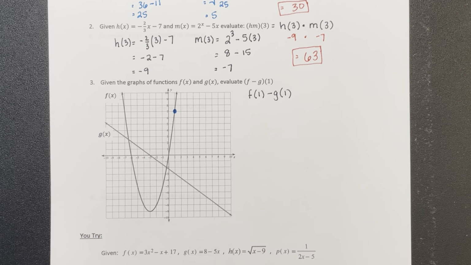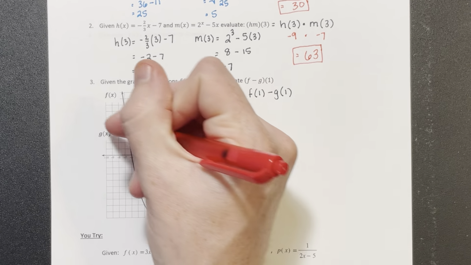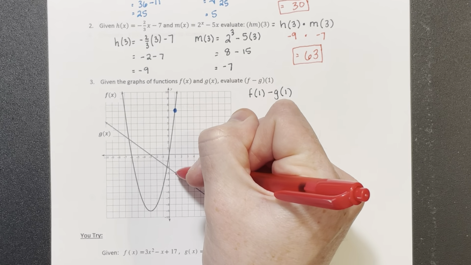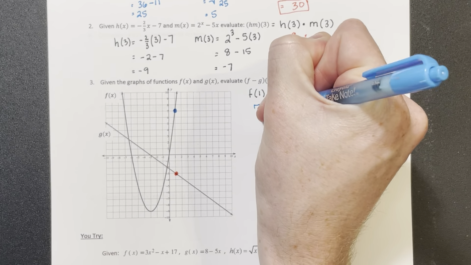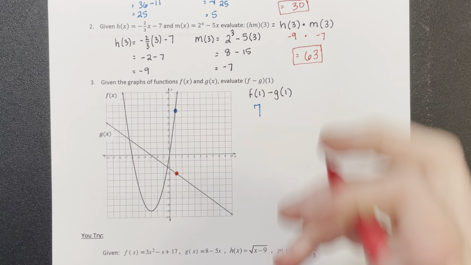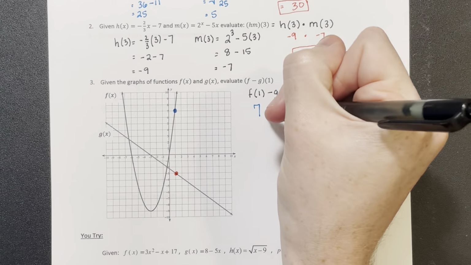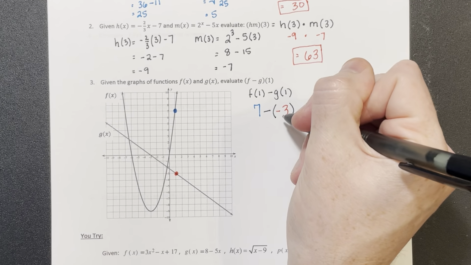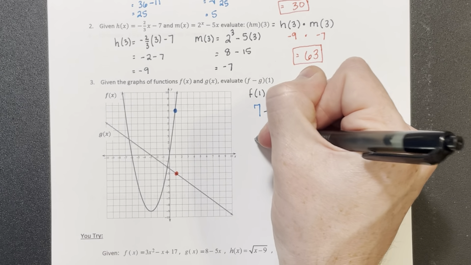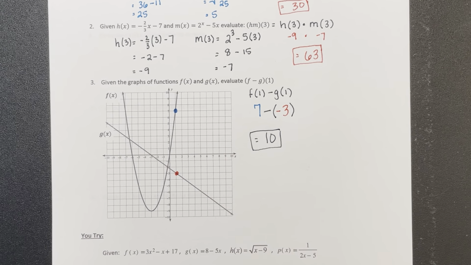We'll do the same thing for g of 1. Our g of x function is this linear function. So g of 1 is down here at negative 3. So f of 1 was 7. g of 1 is negative 3. And we're subtracting, so we're saying 7 minus negative 3, which ends up being plus because minus a negative, but we get 10 as our result.